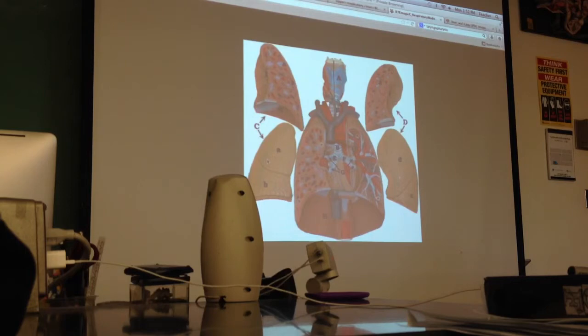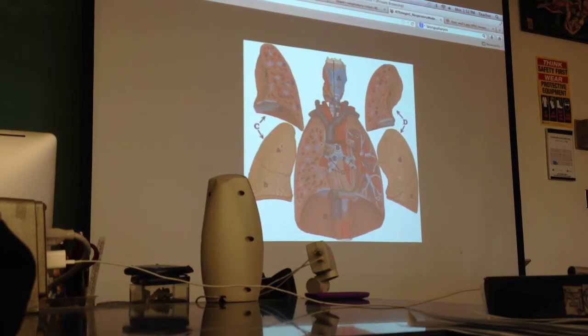Now, if you notice on the left lung, there's only 1 crease. You actually have 3 lobes on your right lung, but only 2 on your left lung. So actually lungs are quite unsymmetrical. On the right lung, the lobes are named superior, middle, and inferior, so pretty basic, right?